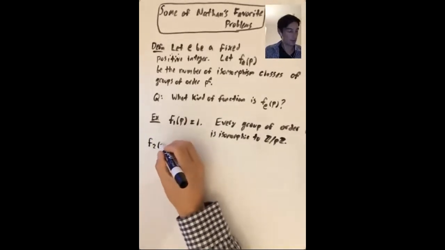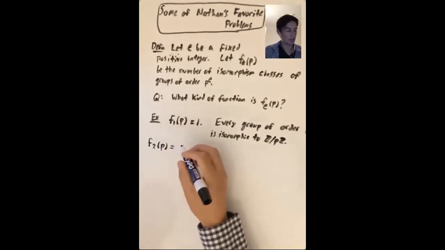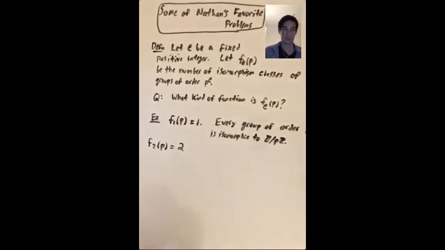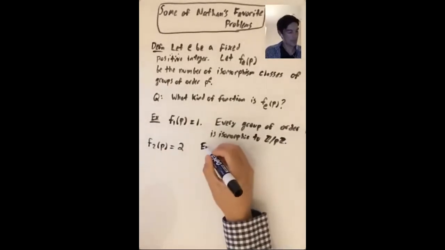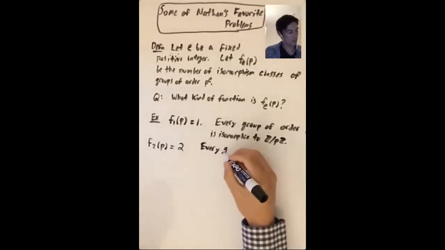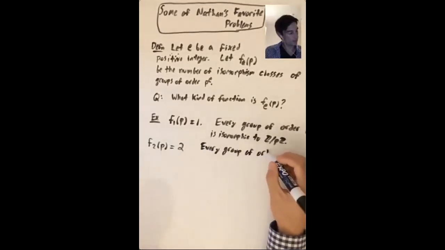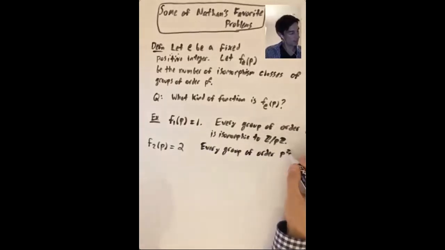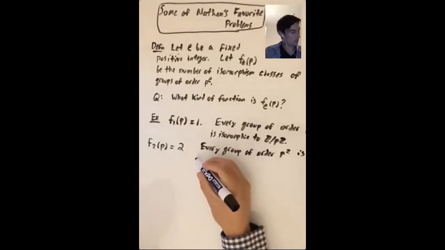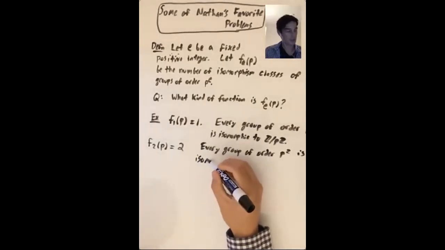What about f2 of p? Well, this is 2. What is this saying? Every group of order p squared is isomorphic to one of two possible groups.